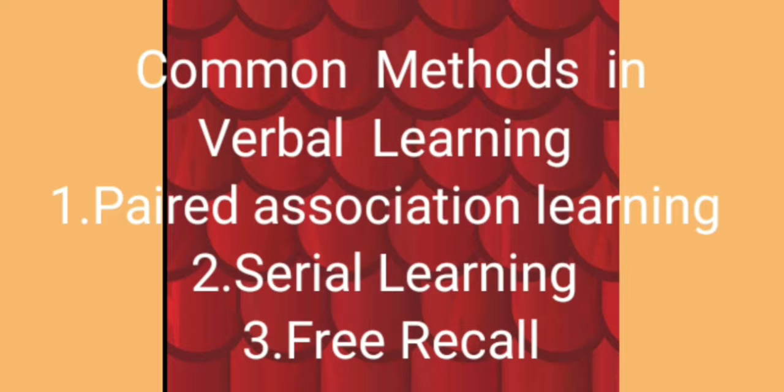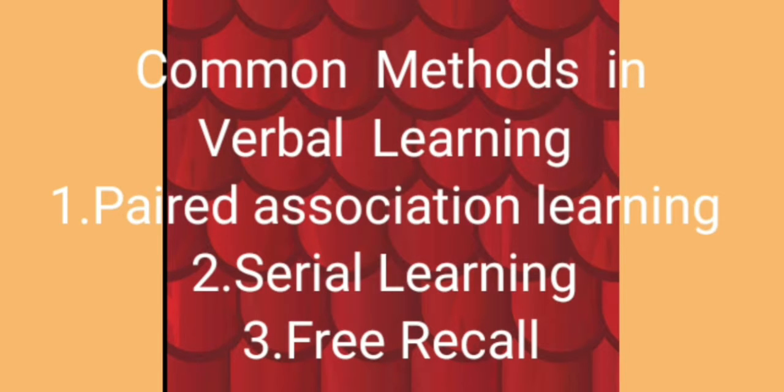In this method, participants are told that they will be shown a list of words 2 at a time and they are expected to remember the paired words. After this, the learning trial begins. One by one, stimulus words are presented and the learner is expected to give the correct response, and this continues till the learner gives all correct response words.